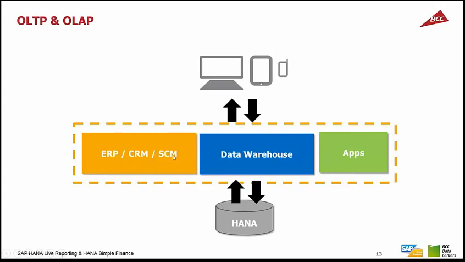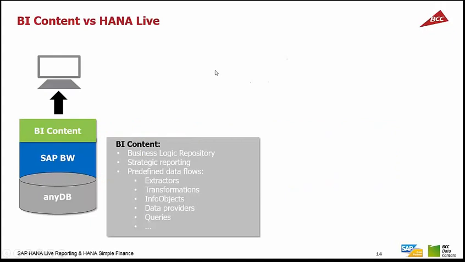So ERP and SCM and data warehouse, for example, can be installed on one SAP system, as add-ons for the system. And we can report from these centralized systems with computer and mobile devices with new tools. Okay.